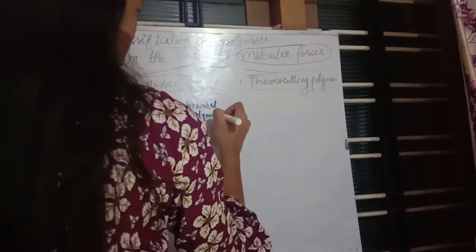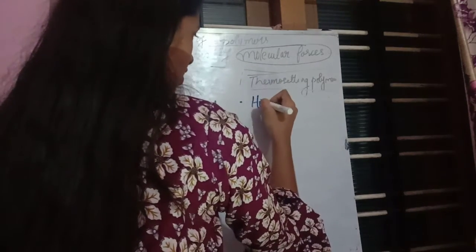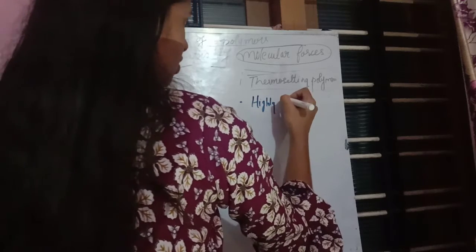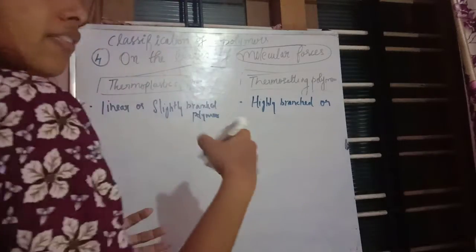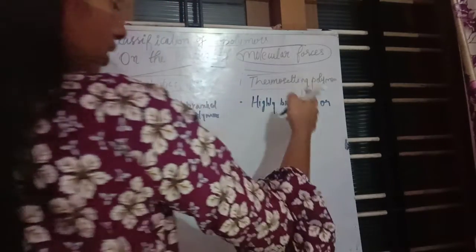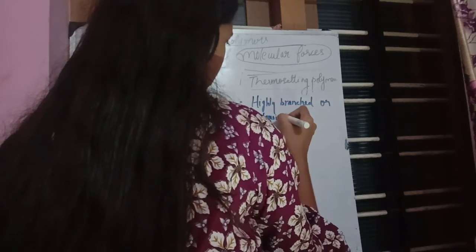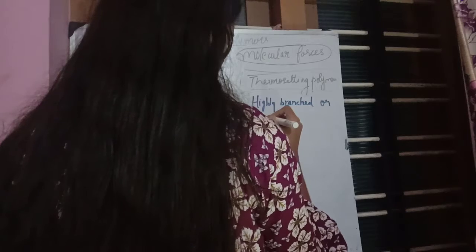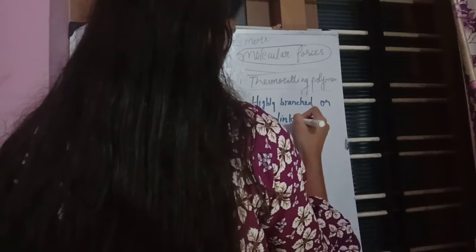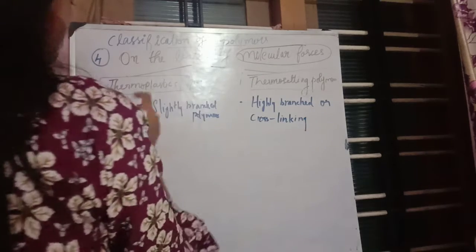Now, thermosetting polymers are highly branched, or heavily branched. Extensive cross-linking is found in thermosetting plastics. I'm writing that cross-links are present.